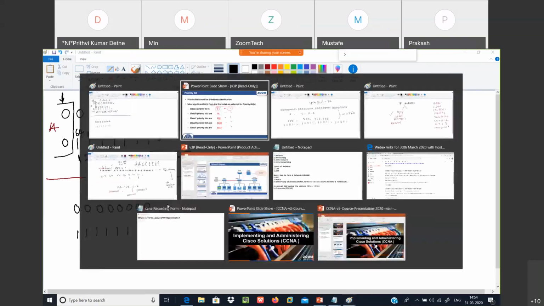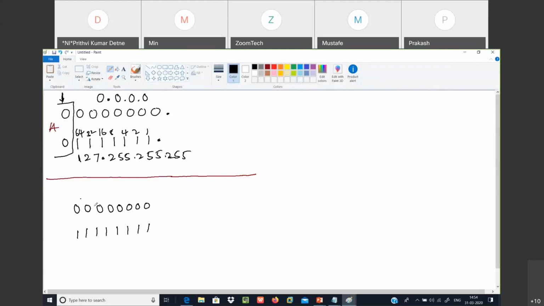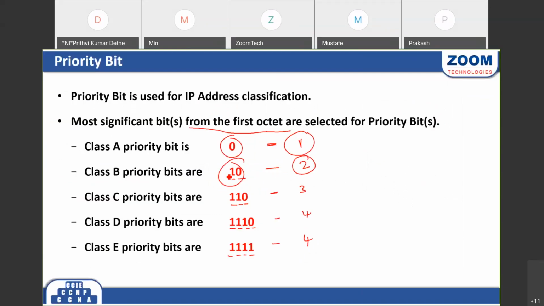For class B, how many bits are being reserved? 2 bits. So let me separate 2 bits. Which 2 bits are reserved? 1, 0, right?